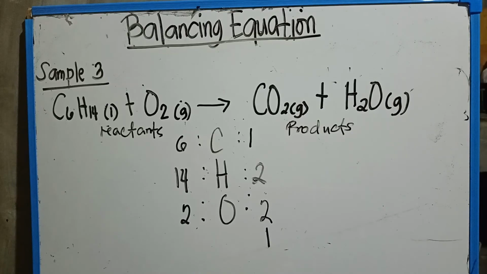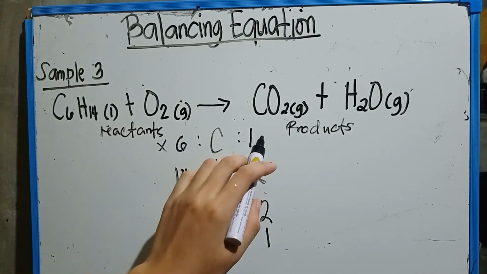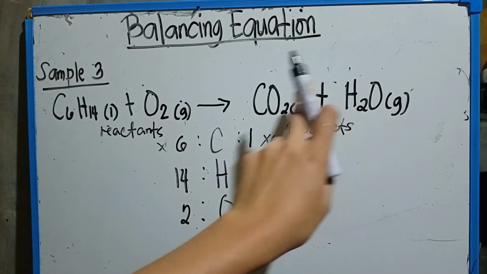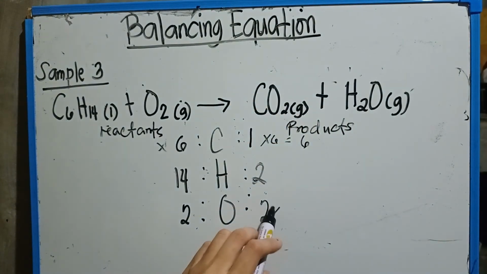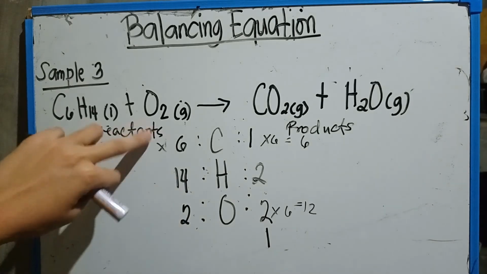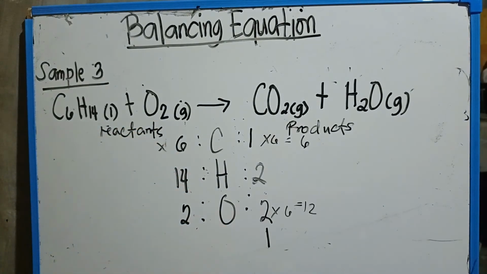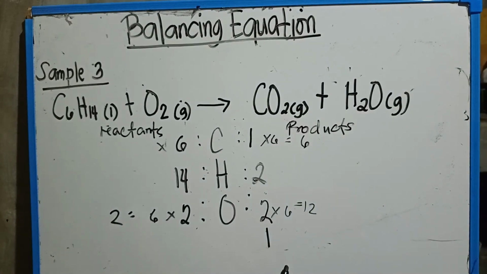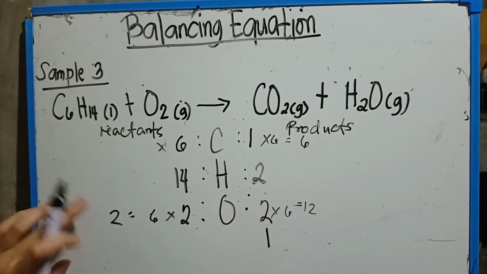If we use 2 here, or if we use 6, it becomes 6. So, if we put 6 here, it will be affected. So, 2 times 6 becomes 12. So, the carbon is balanced, but our oxygen is very, very far. So, 2 times 6 becomes 12. So, it can't be, because all of our oxygen here is 13. So, 2 is not possible, or 6 is not possible.